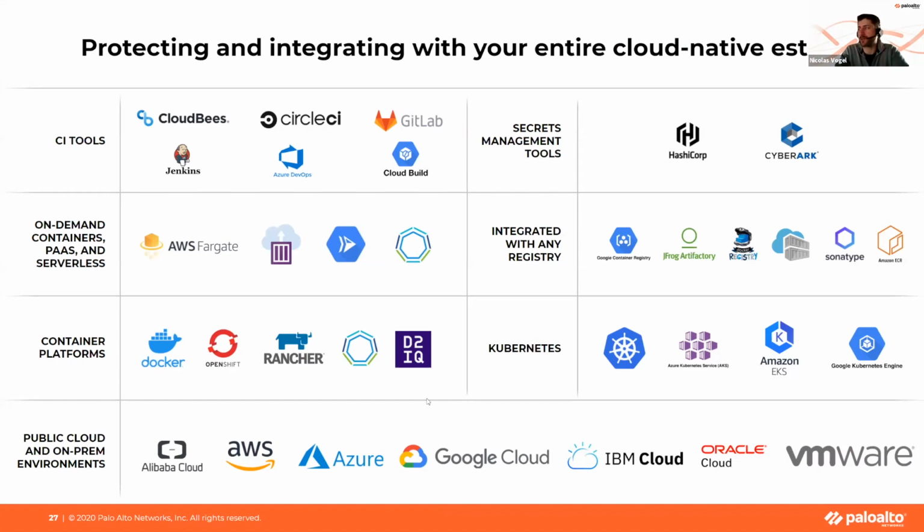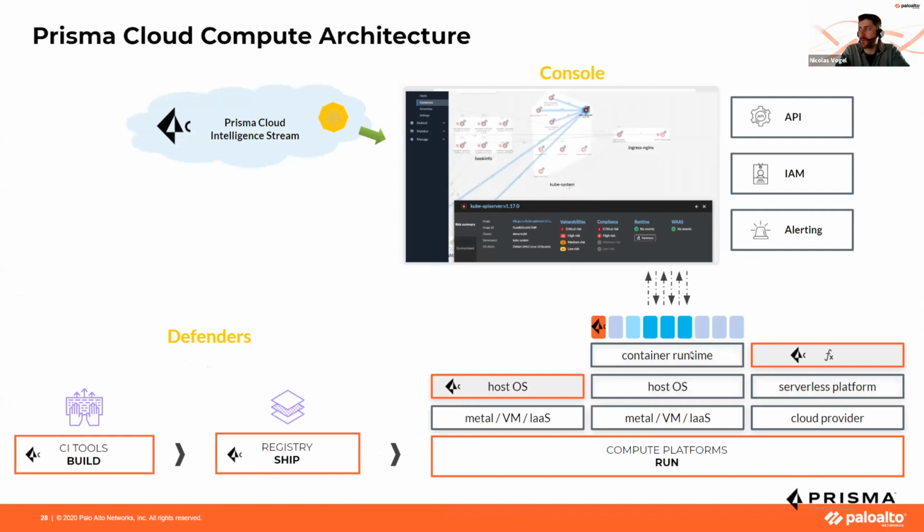Good. That is just, I showed you that already. It's a little bit redundant, about the architecture and the different ways you have to integrate the agent for the CWP part. You see here the name Prisma Cloud Compute. This is also the Prisma Cloud Compute offering, where we can cover only that. So we don't have the APIs for public cloud, all the demo, everything I showed you in the last 40 minutes, we cannot cover it.